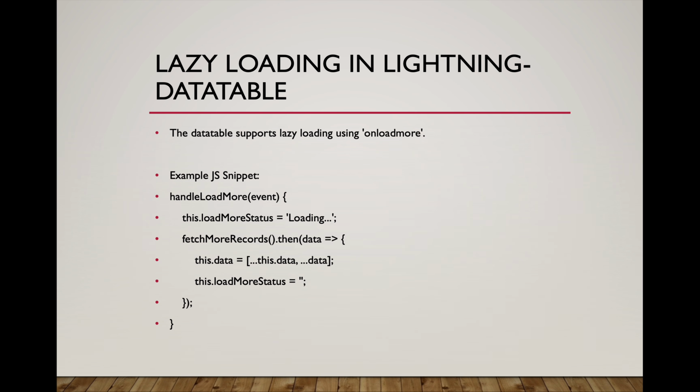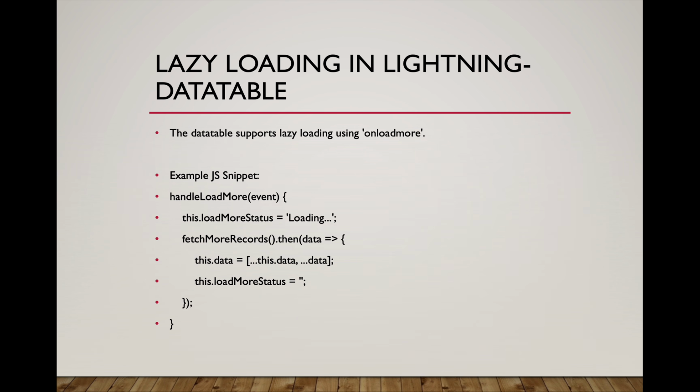Similarly, in a Lightning data table, we can use lazy loading using the onloadmore property. Whenever you scroll down, or on page load as well, you can give it a page size as 20, so that in one server call it will only load 20 records, and it will keep making those calls until it has loaded all the records.